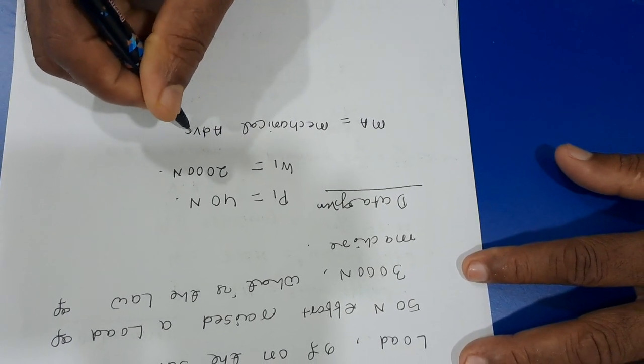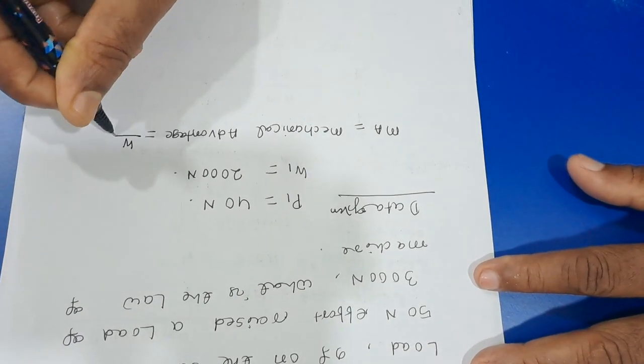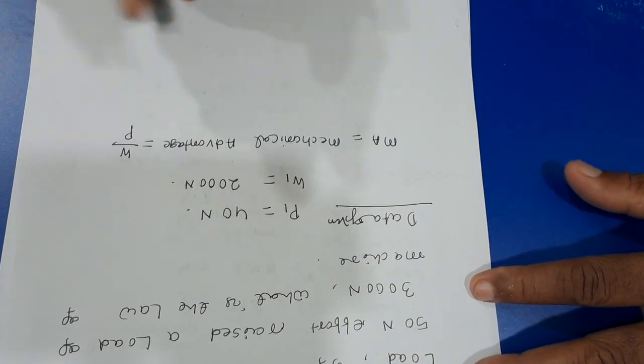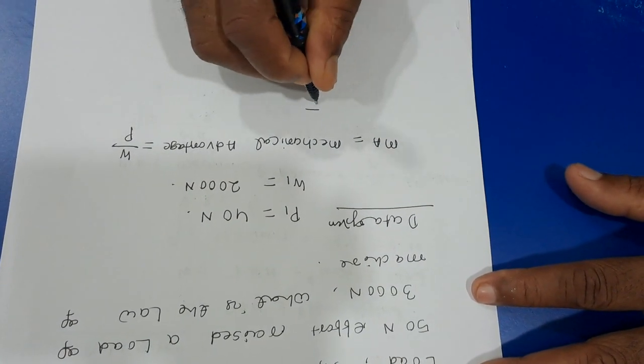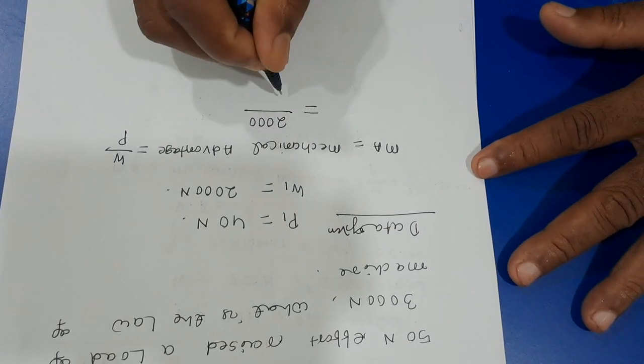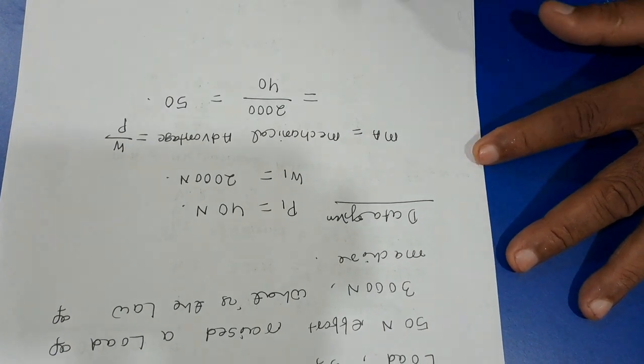Mechanical advantage is equal to W by P, that is weight lifted to effort applied. After putting the values, we have 2000 divided by 40 is equal to 50.